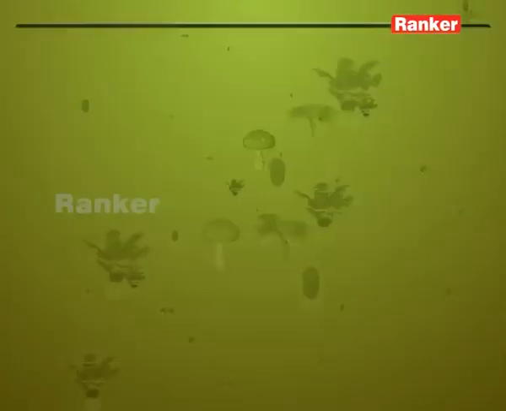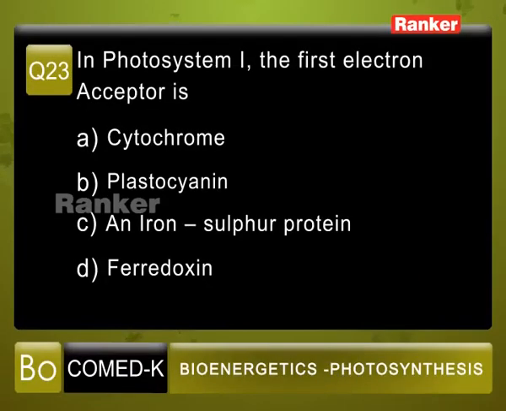Question number 23. In photosystem 1, the first electron acceptor is A, cytochrome, B, plastocyanin, C, an iron sulfur protein, D, ferredoxin.